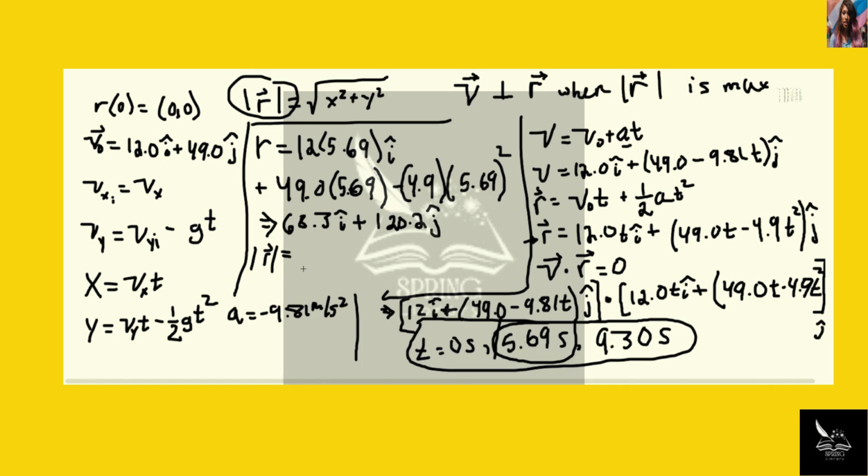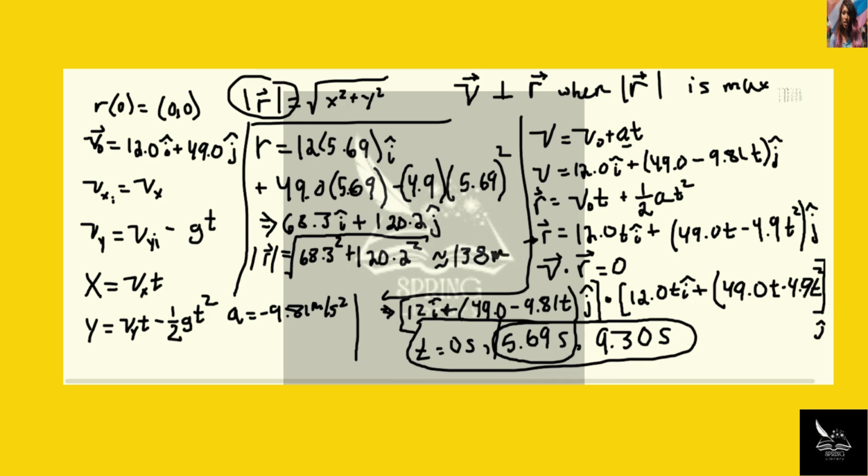So the magnitude of the radial vector being the 68.3 squared plus the 120.2 squared. And then you want to take a root of this. And you're going to get roughly 138 meters.